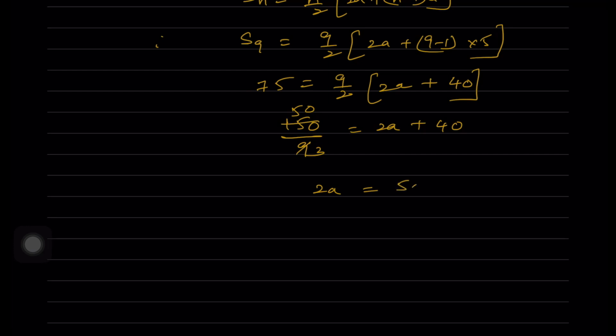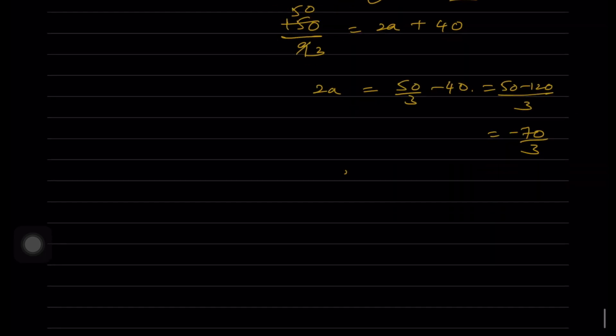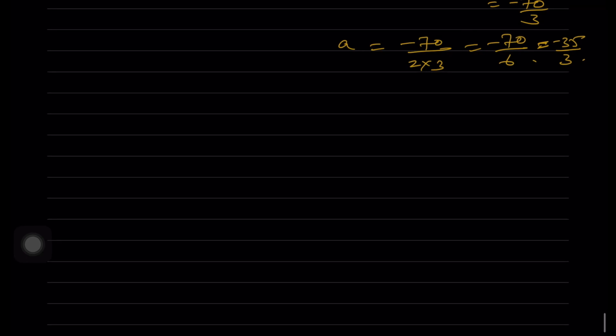So 2a is equal to 50 by 3 minus 40, which is equal to 50 minus 120 by 3, which is equal to minus 70 divided by 3. So a is equal to minus 70 by 6. So we got the first term, and you can bring it into smaller terms, that is minus 35 by 3.